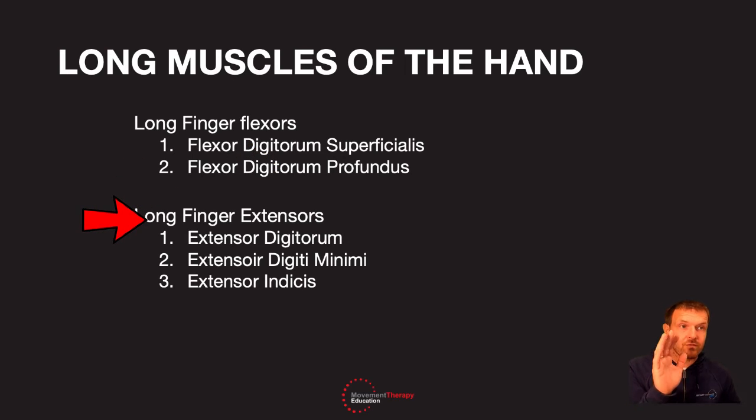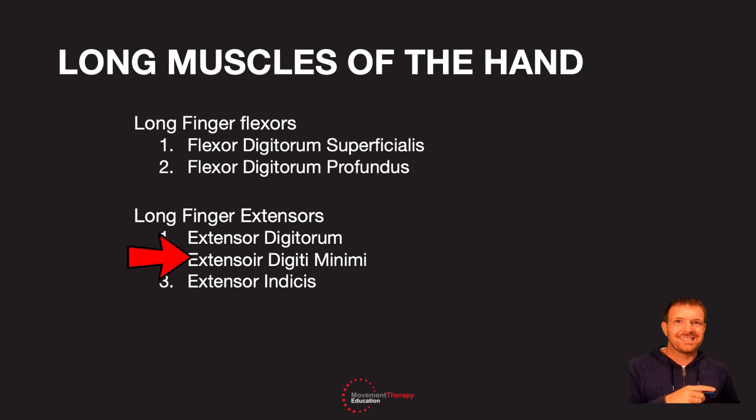And then the long finger extensors, and the reason why we call them that is because the muscle bellies are here, and then the tendons go all the way down and then into the palm and then into the fingers. And the same for the extensors on the back. So the muscle bellies for these are mainly here. Okay, that's why they're called long finger flexors or long finger extensors. So for the long finger extensors we've got extensor digitorum, so it extends your digits.